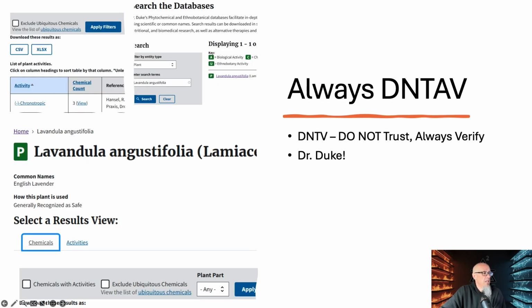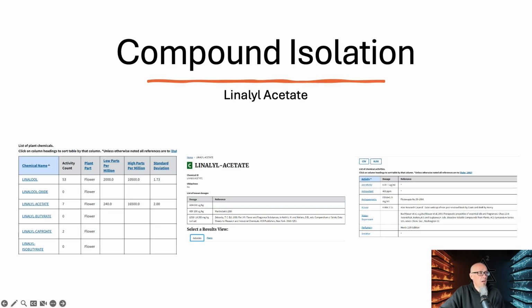slide here, you can see I went out and looked up the plant, Lavandula angustifolia. Starting at the very top left there is a list of activities that are associated with it and different compounds and references and just other things. And so from there, this is the compound isolation.